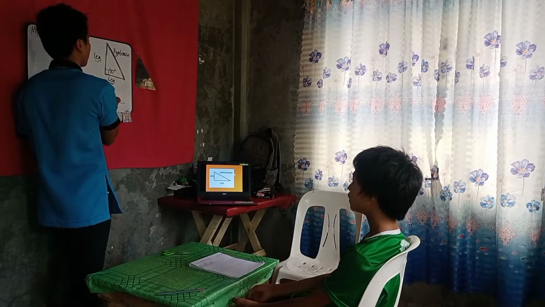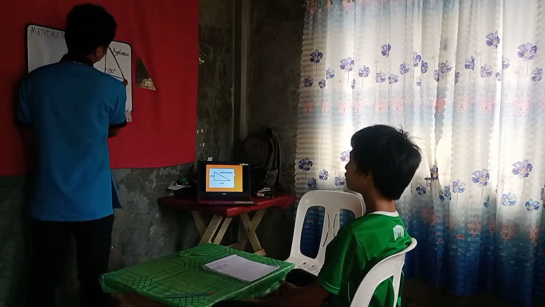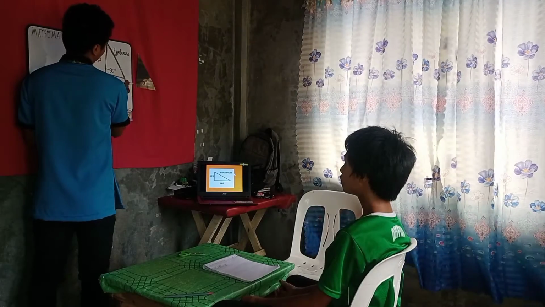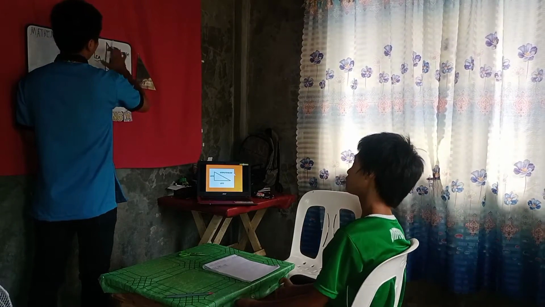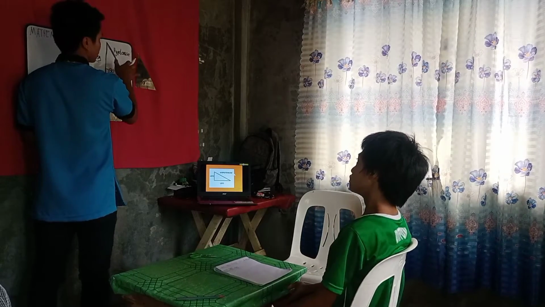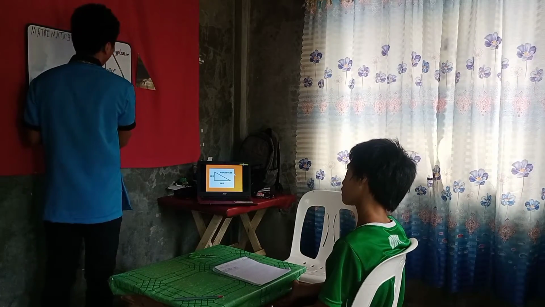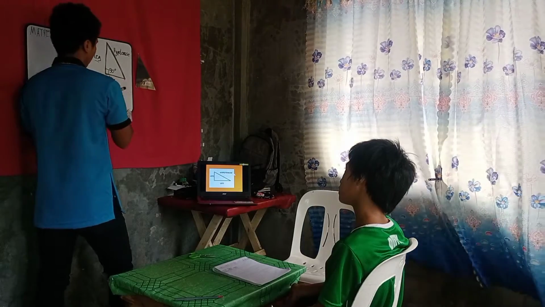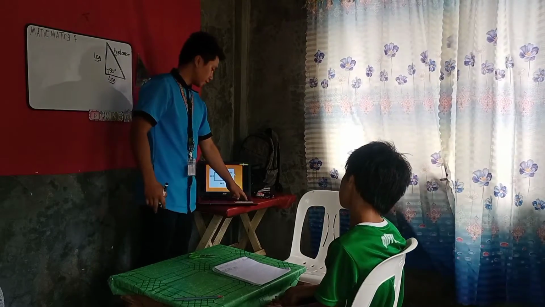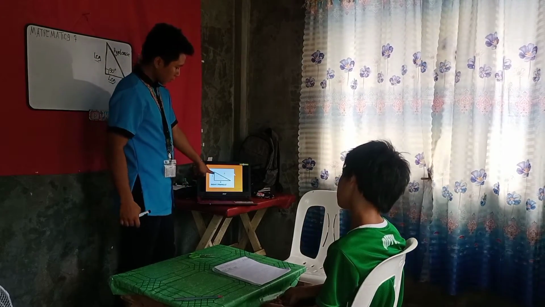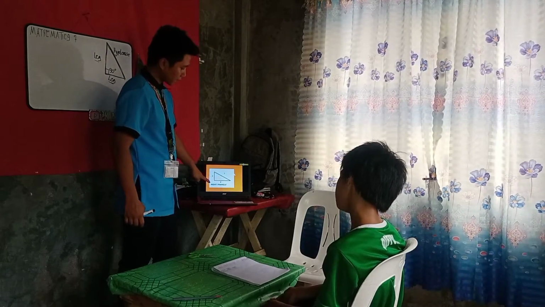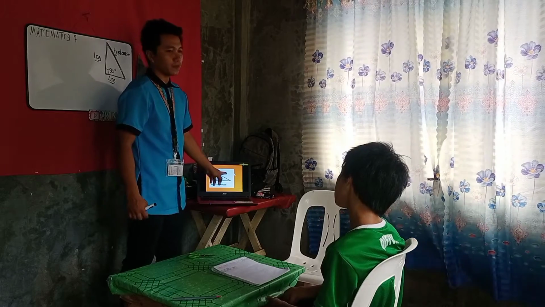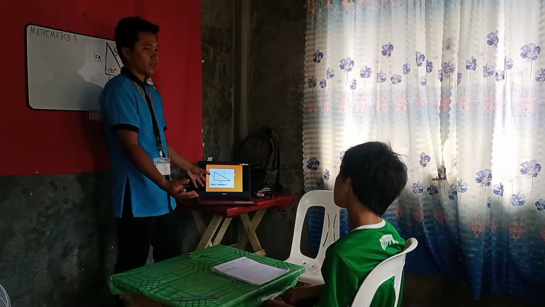What if the condition is we have to find the length of each leg or its hypotenuse? Halimbawa, if our given example is the height of our triangle is 3 and the base is 4, what is our hypotenuse? Yung mga ganyan na katanungan.